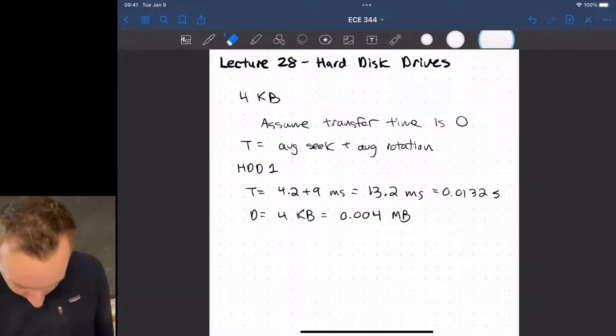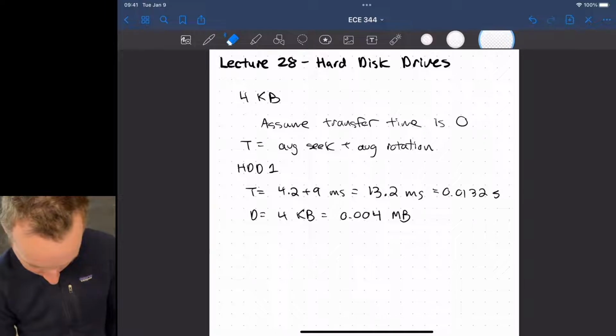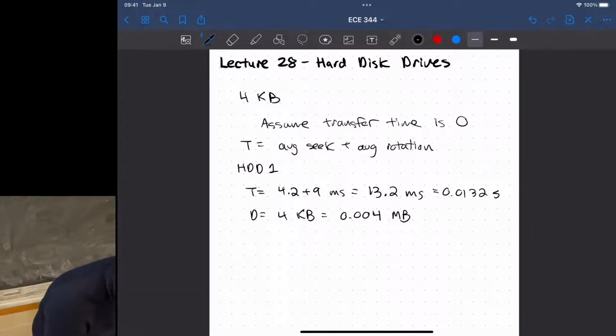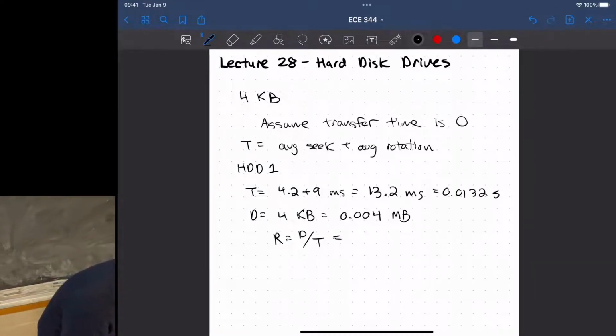So if we go ahead and do this, then we can calculate our rate. Our rate is just going to be d divided by t, so how much data we're transferring divided by how long it takes. And then this is 0.004 megabytes divided by 0.0132 seconds.